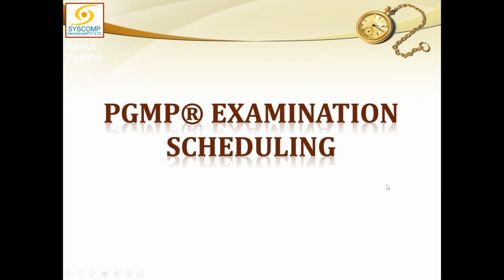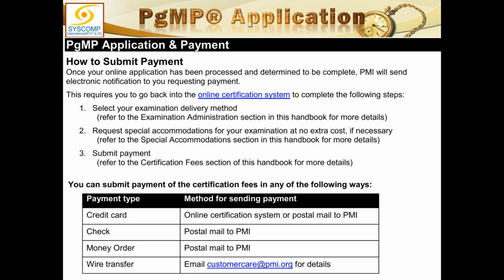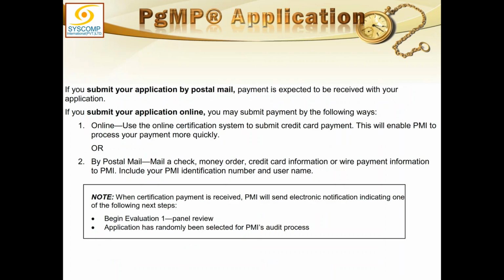So, how do you apply for the exam and all? Probably it's not much, you know yourself. You have already applied. But in case you have any difficulty in applying for the PgMP exam, filling the application, I will be there to help you on that. You only make the payment after the review, after the audit.